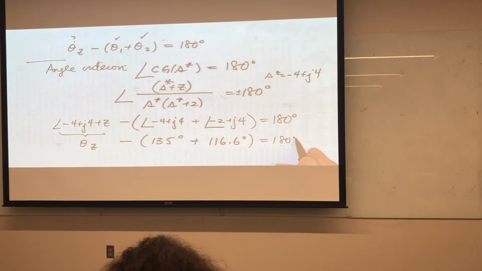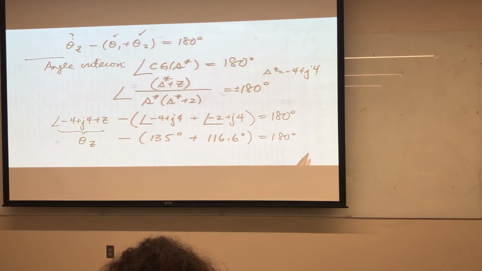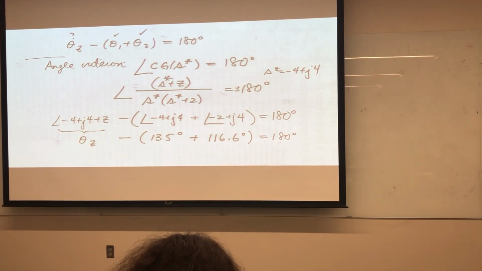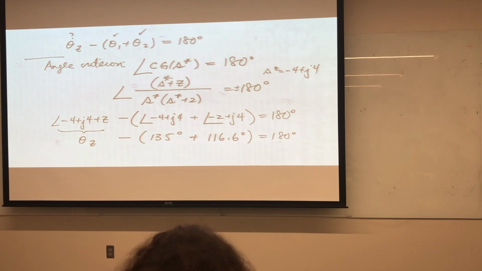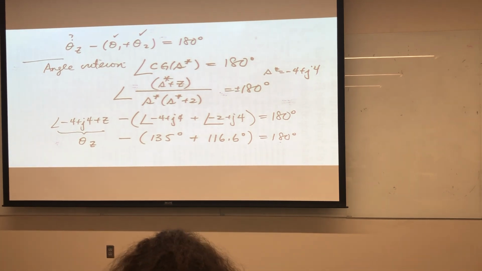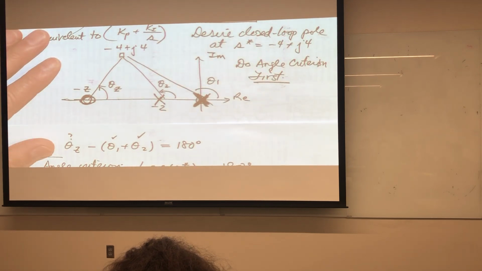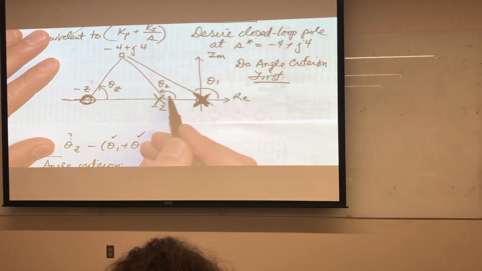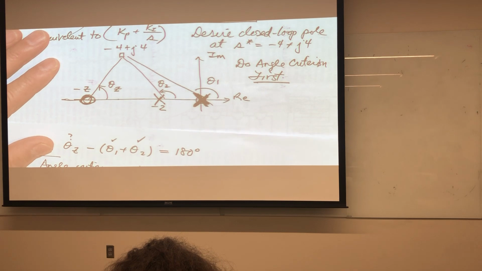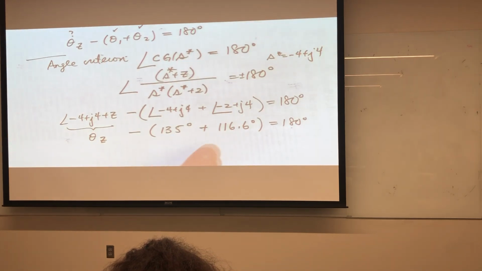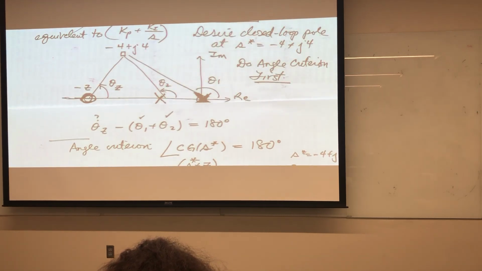Just look at all these signs floating around, all these different places where one could make an algebra error. And that's the most common thing that goes wrong on the test, is that we make an algebra error. It looks kind of reasonable. If this is 135, this should be an angle that's smaller than 135. So that's another sanity check. Yeah, that's a number smaller than the 135. That looks reasonable.